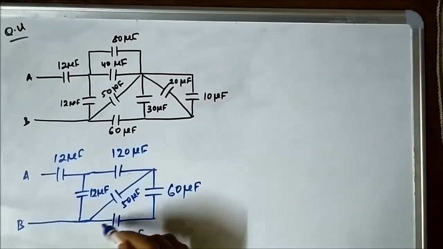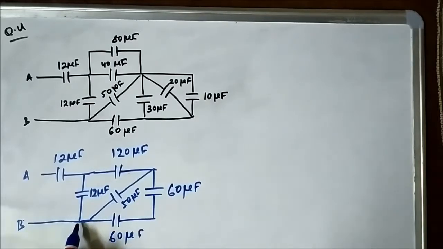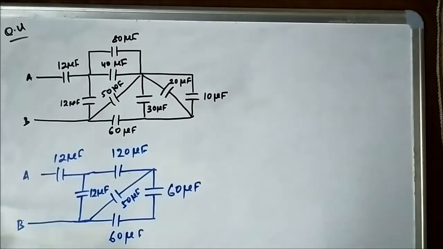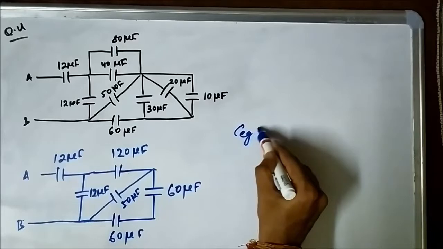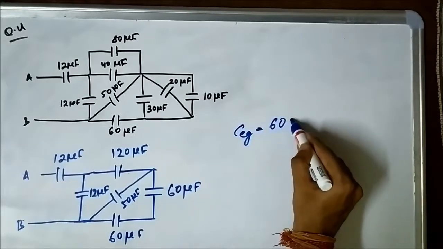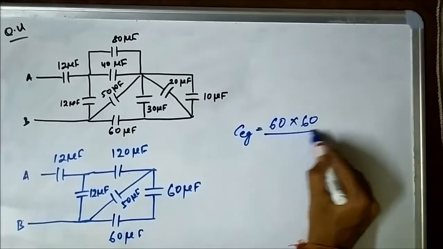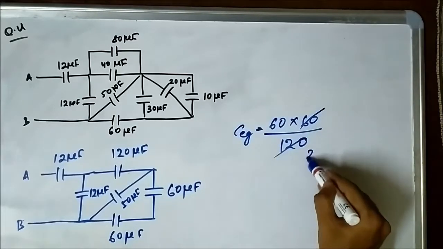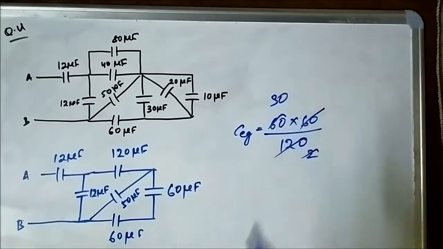So in between these two points there are two capacitors connected in an end-to-end fashion. So the equivalent capacitance of these two capacitors will be C equivalent equal to 60 into 60 by 120, which is 30.